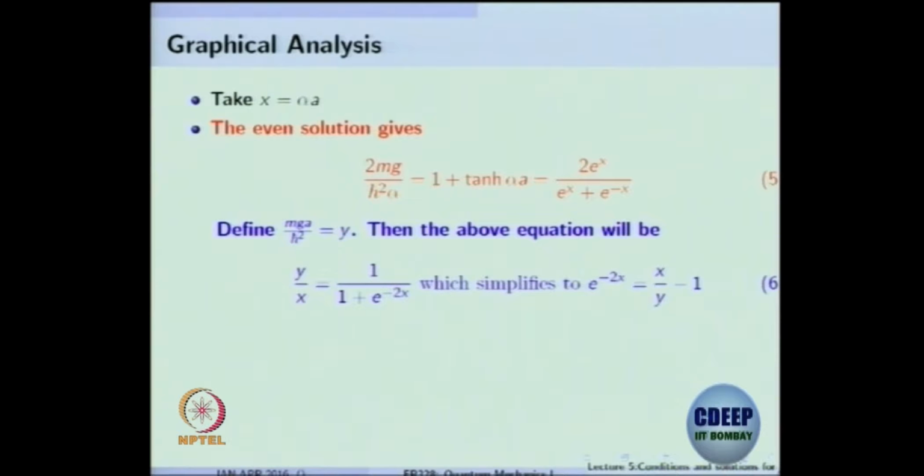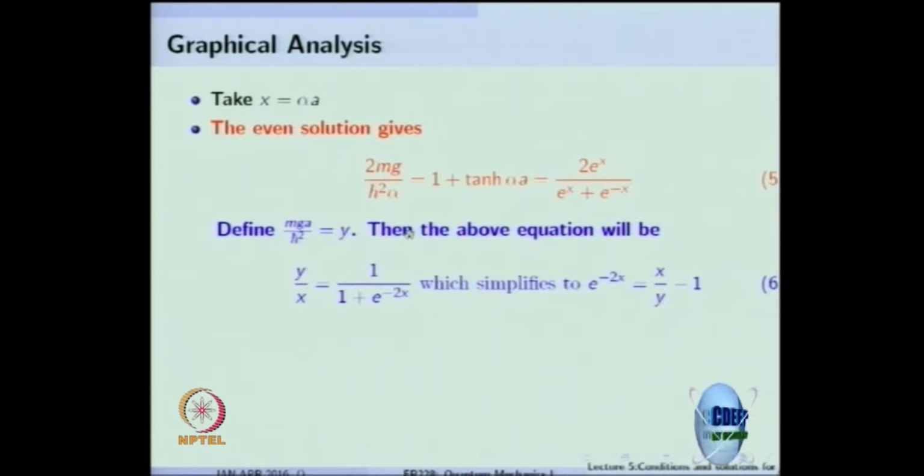So, the even solution, the condition satisfied for the energy when you take the even wave function solution, can be rewritten in terms of the x variable. You can also define another variable y as mg A by h cross squared. Then this equation can be rewritten by putting an A and an A below.